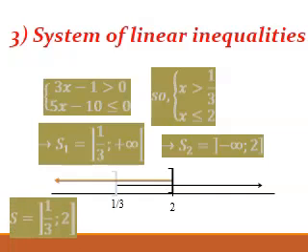I represent the intersection as an interval, 1 over 3 till 2. Because I don't have 'or equal' at 1 over 3, that means 1 over 3 is excluded from my interval, while 2 is included because here I have 'or equal'. So the interval is going to be from 1 over 3 till 2.